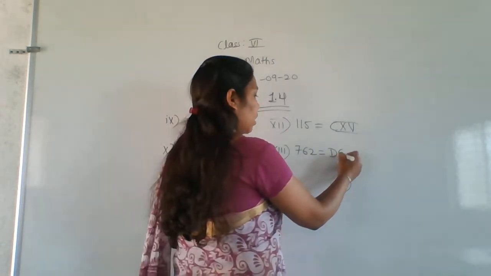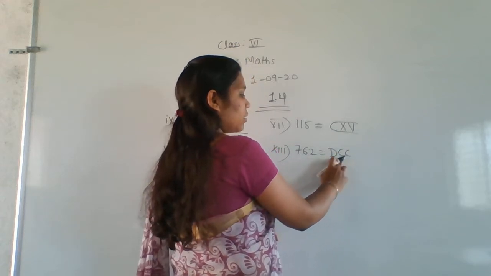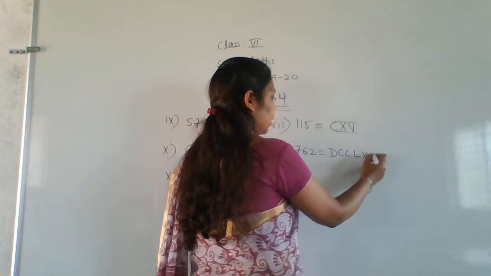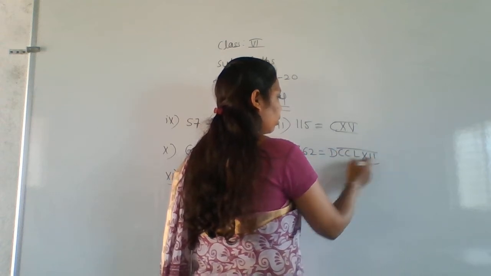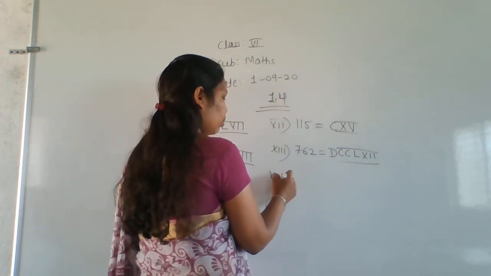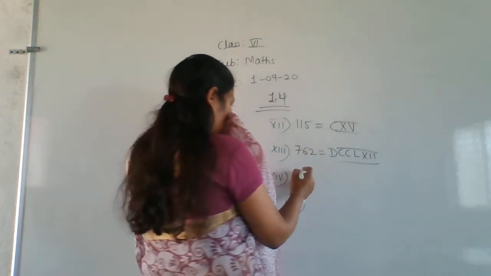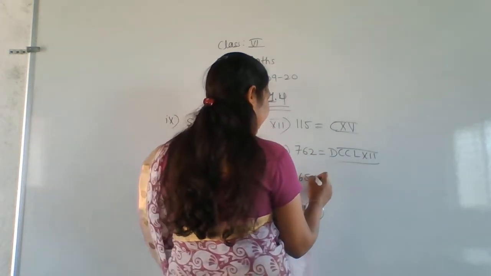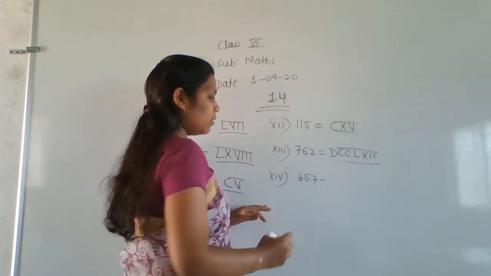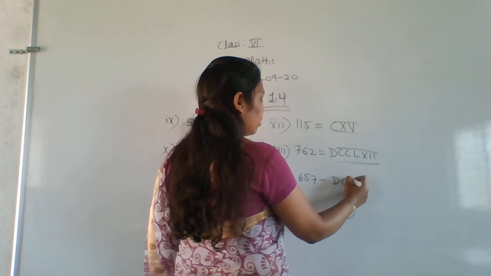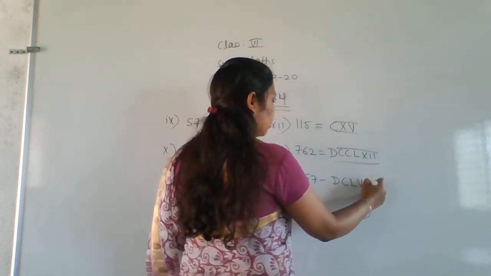That is double C. 600, 700. Next 62. Okay. Like this we have to do it. Next one, 657. That is D C 57.